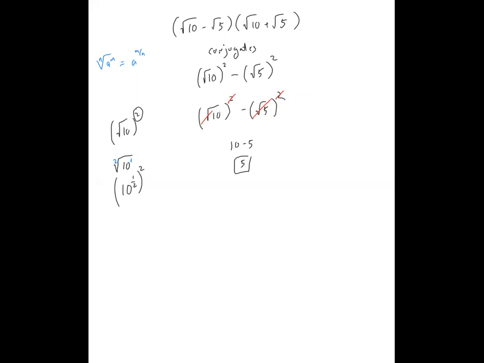Then remember that we also talked about a rule: a to the power of m to the power of n means that we multiply them. So now here we just multiply. That's 10 to the power of 1/2 times 2. And if we put that 2 over 1, what cancels here? The 2's. There you go, leaving us with 10.